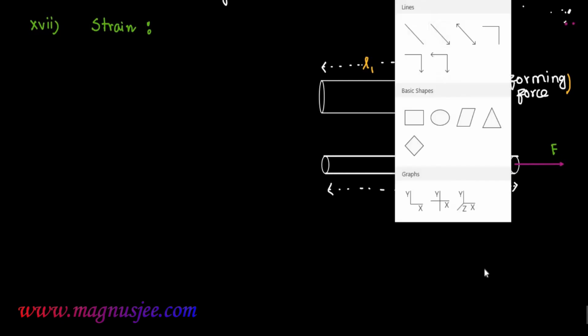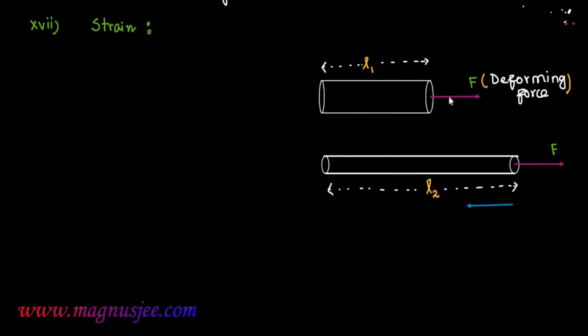Deforming force F continues to act towards right, and restoring force Fr comes into play in the opposite direction of the deforming force. Here the restoring force acts towards left.